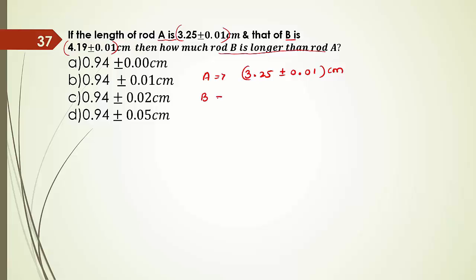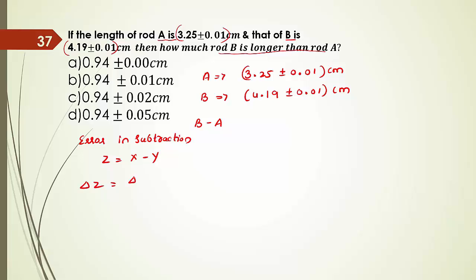The value of B is how much? 4.19 plus or minus 0.01 centimeter. So we have to do subtraction, B minus A, because the question is how much rod B is longer than rod A. This is error in subtraction. Error in subtraction, you can remember the equation: z equal to x minus y, delta z equal to delta x plus delta y.